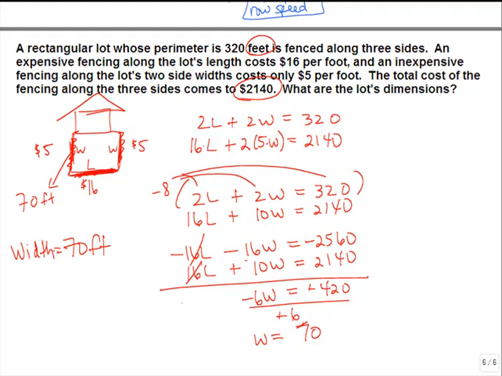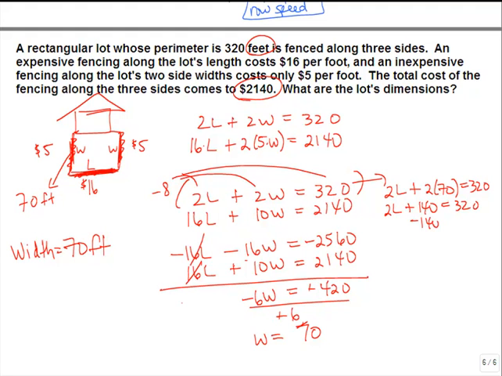Okay, now all we need is the length, and we're done. So I'm going to go back to either of these two equations. It doesn't matter. I'm just going to go back to that perimeter one. And I know that 2L plus 2W, and now I know W is 70, so let's substitute in 70. That has to equal 320. So 2 times 70 is 140.